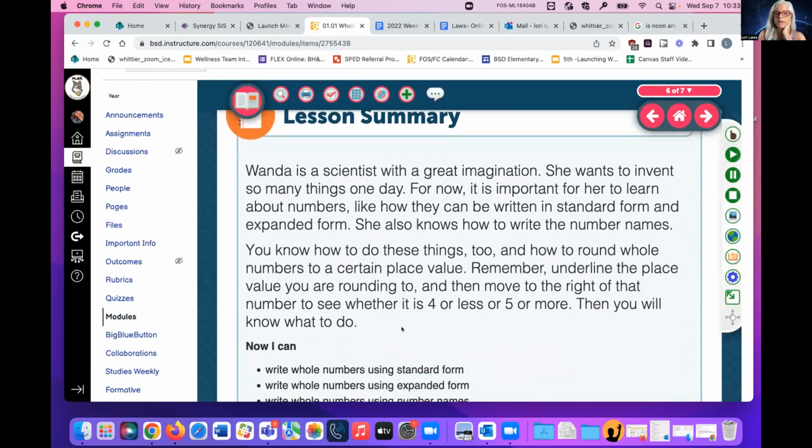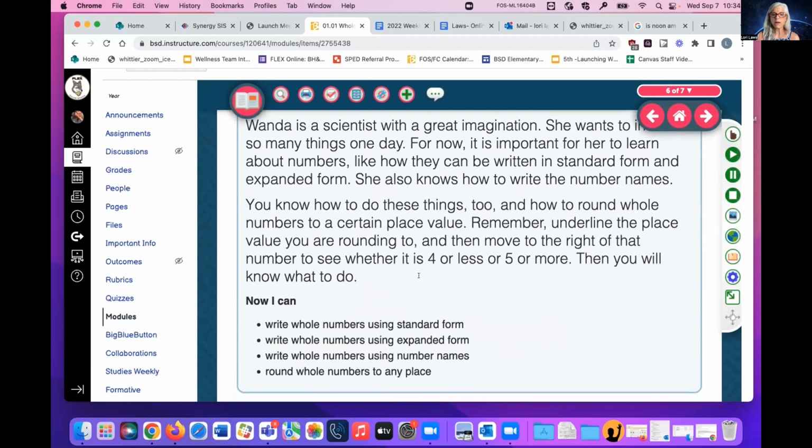Here's the lesson summary. Wanda is a scientist with a great imagination. She wants to invent so many things one day. For now, it's important for her to learn about numbers, like how they can be written in standard form and expanded form. She also knows how to write the number names. You know how to do these things too, and how to round whole numbers to certain place values.